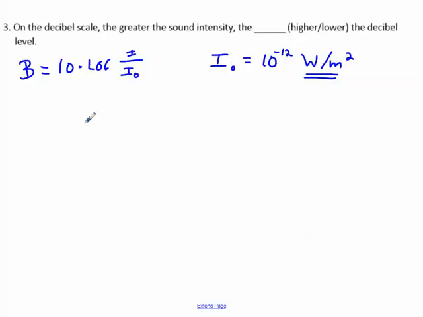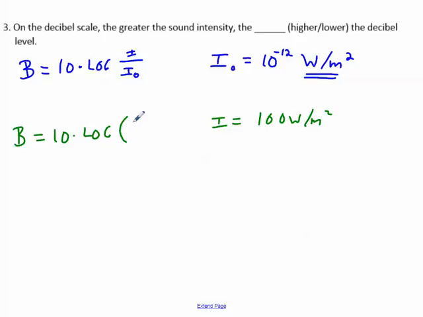So now if I plug in some numbers, let's say we measure I to be equal to 100 watts per meter squared. We just go out and measure what kind of sound intensity we get, and plug some number in. What's the decibel level? Equals 10 times log base 10 of the intensity over intensity naught.